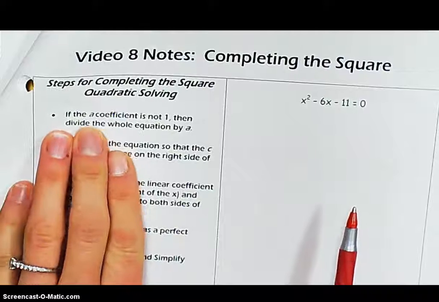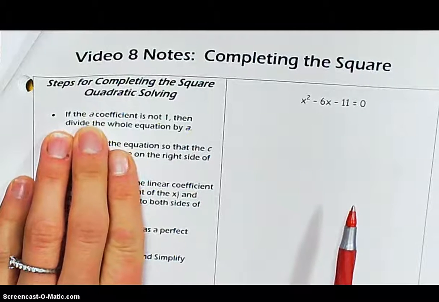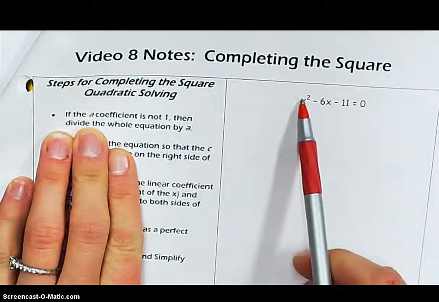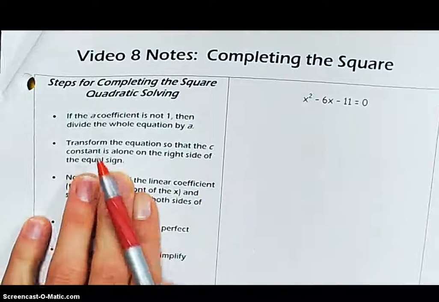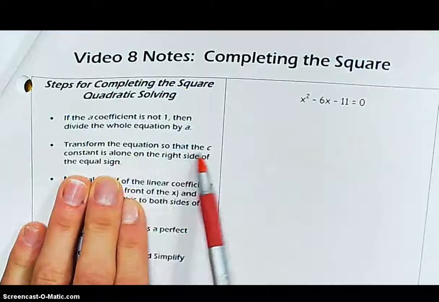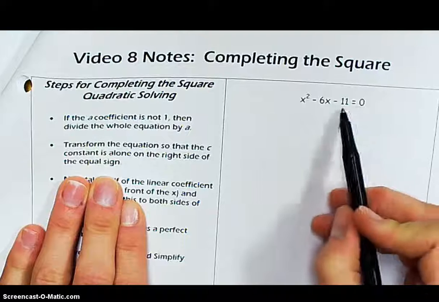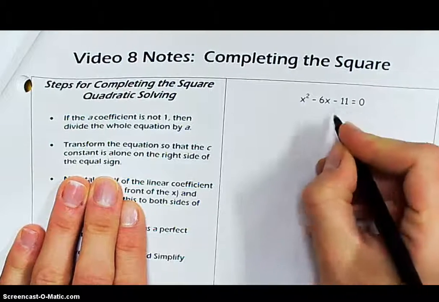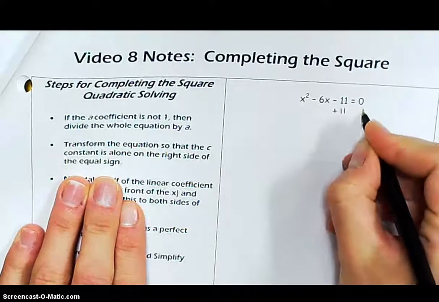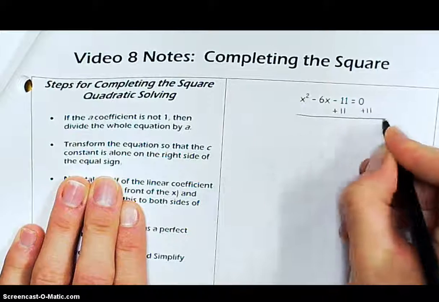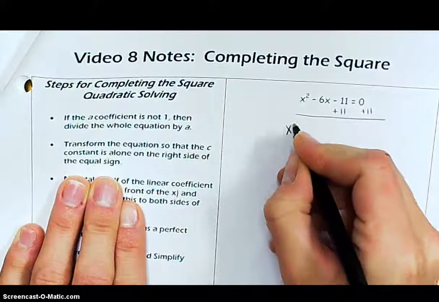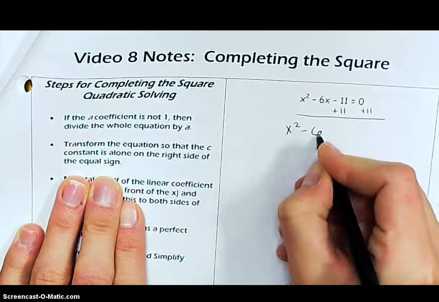So here we go. Your first step, make sure your leading coefficient is 1. Yep, we got a 1 there. Next, transform the equation so the constant is alone on the right-hand side. So we're going to take this 11 and move it to the right. So we're going to add 11 over. But now I'm going to show you a little bit of a trick for this.